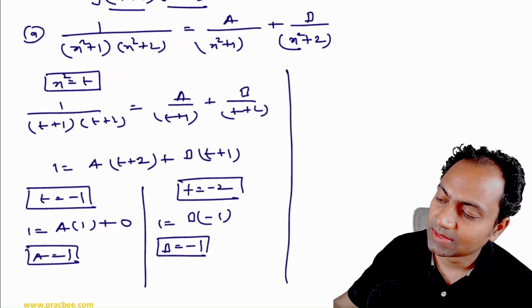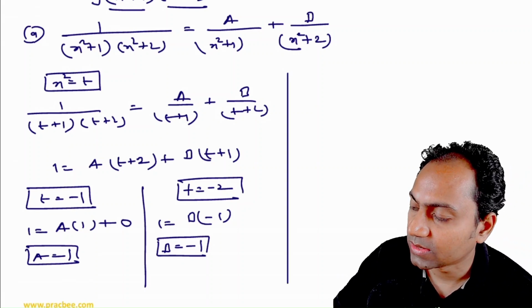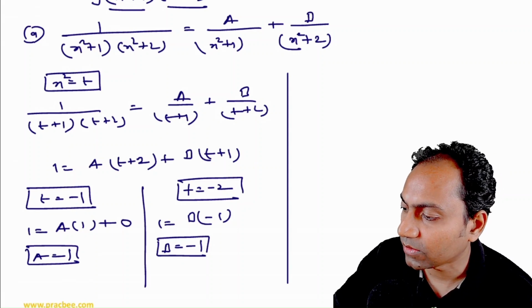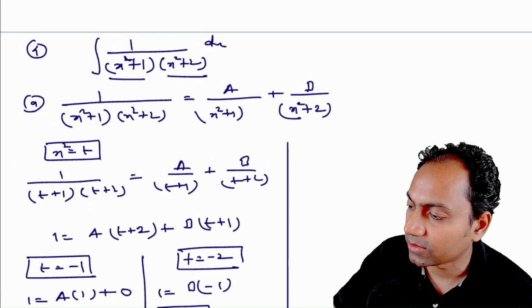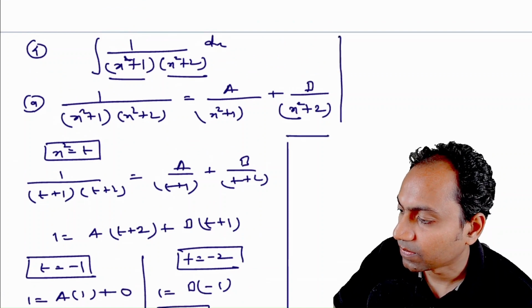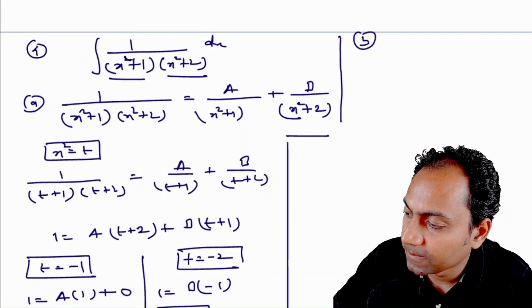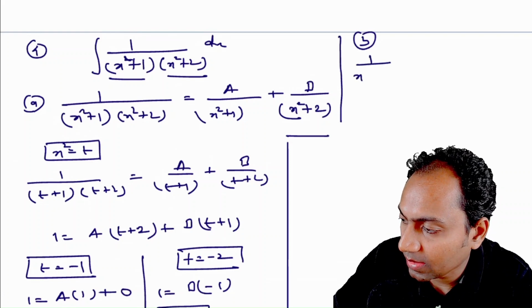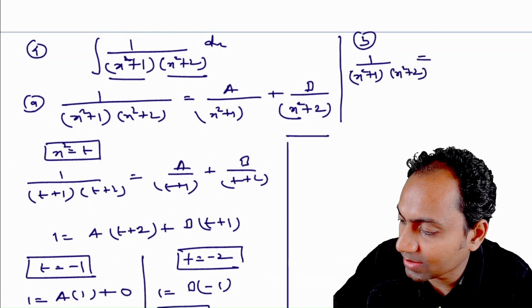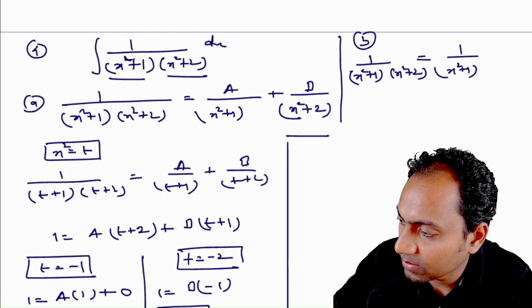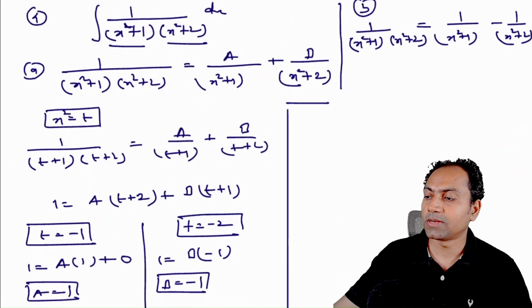Now once we have done this, in the next part I can write the integral back. Let us write it down. The partial fraction came out to be 1 upon x square plus 1 into x square plus 2, which can be written as 1 upon x square plus 1 minus 1 upon x square plus 2. In this manner it had come.